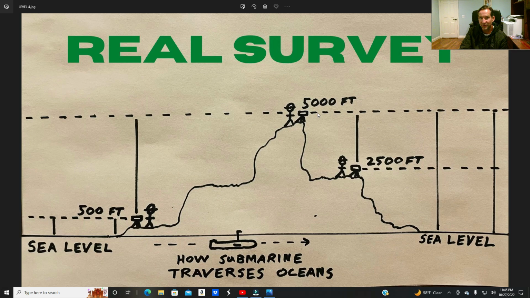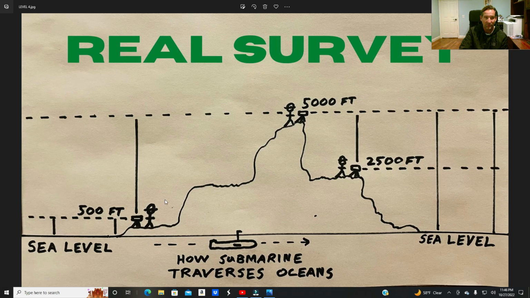He can take his reference point and he can measure it to other markers that other surveyors have made, take his drop to those other markers that this other guy made 100 years ago at 2,500 feet, and calculate the distance and use trigonometry and determine what his elevation is above sea level, which is a flat level constant reference point.